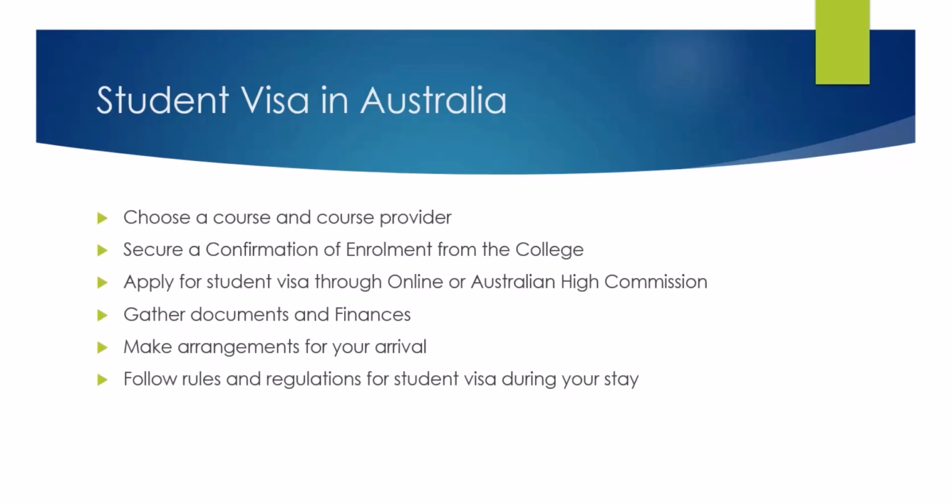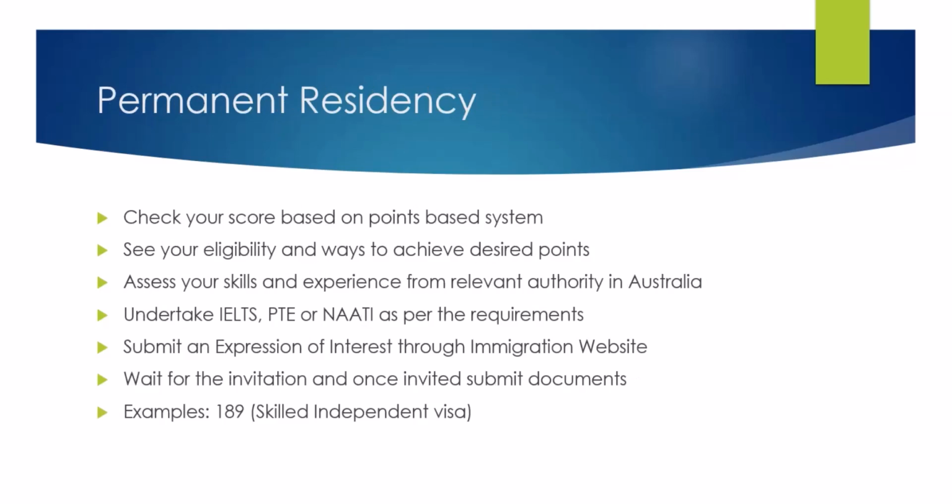Since you will be here on a student visa, you must follow the limitations such as work limit and travel obligations during your stay. Student visas are also assigned on different bases, that can be for diploma, bachelor's, master's, or for PhD as well. So there are different categories within the student visa.